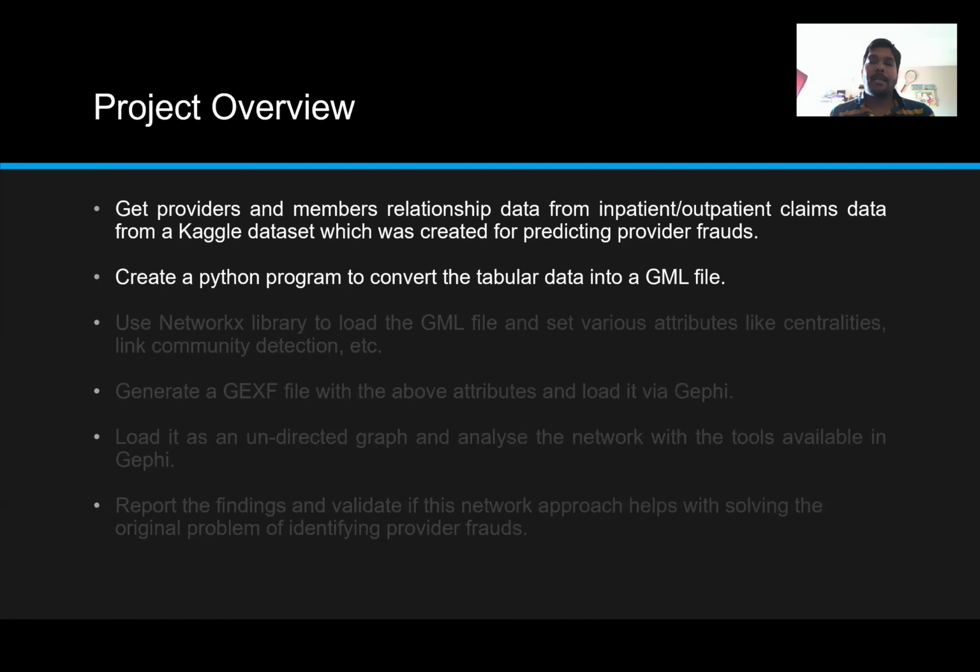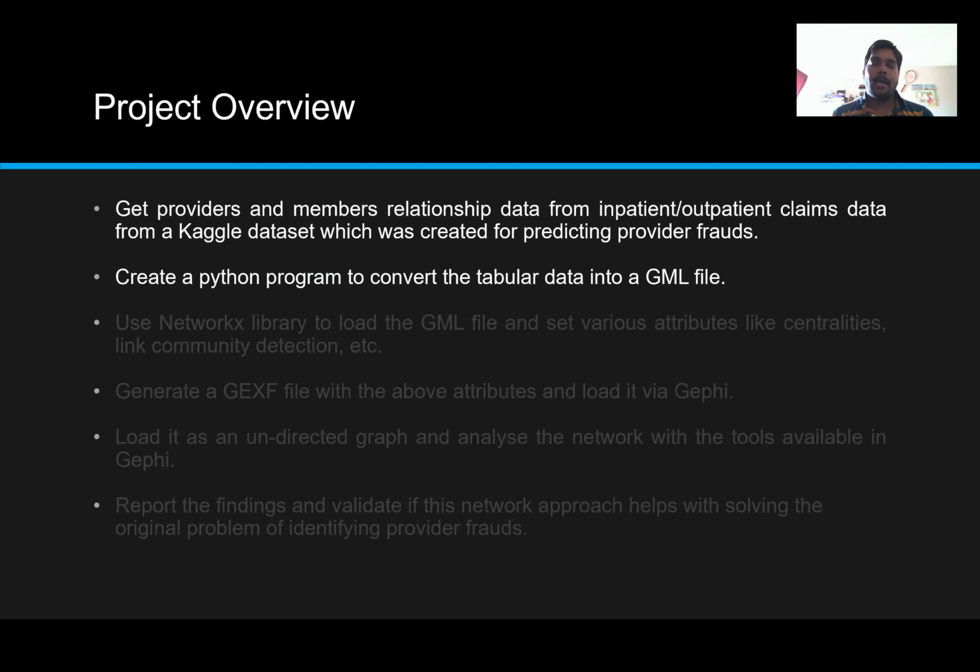In that Kaggle data set, they used the data for predicting fraudulent providers. So I'm going to take advantage of that data set and show a network model for that healthcare claims data set. Basically, I took the flat inpatient and outpatient claims data from that Kaggle data set.